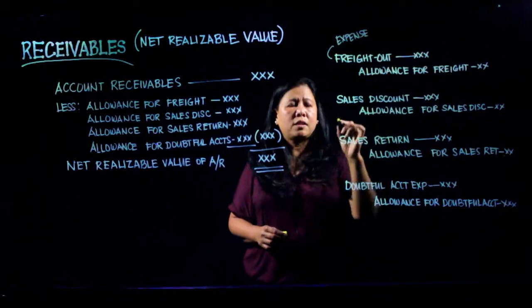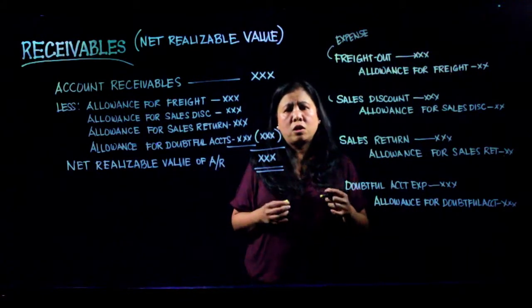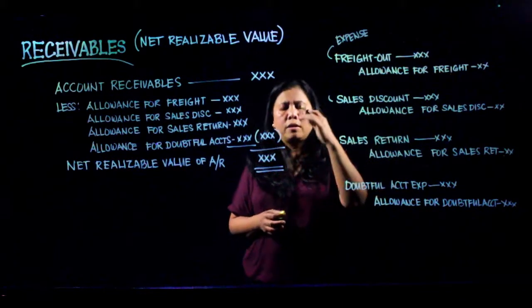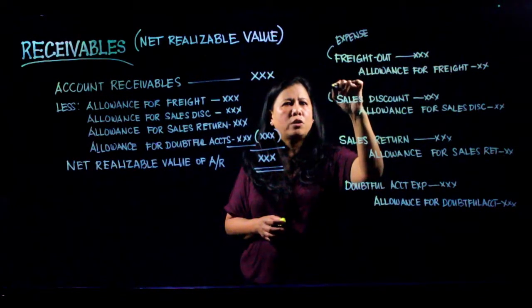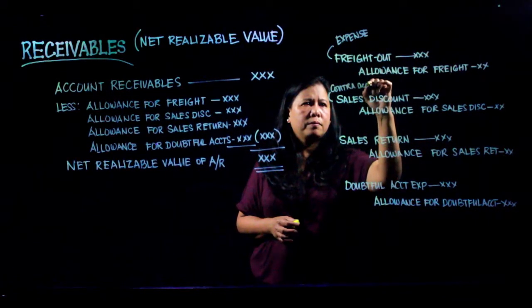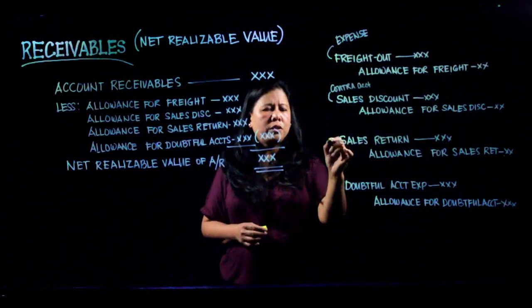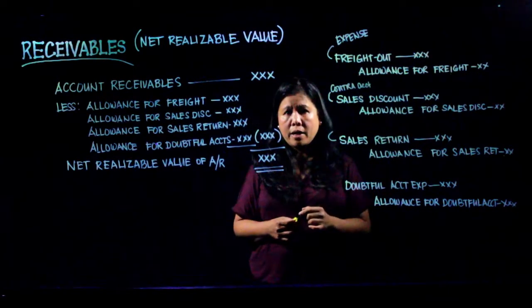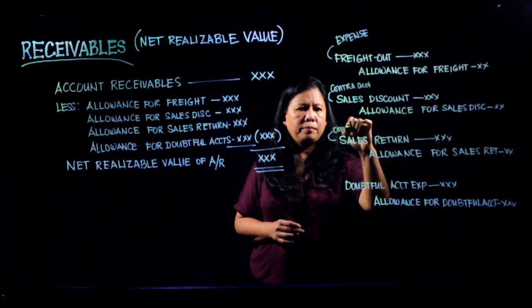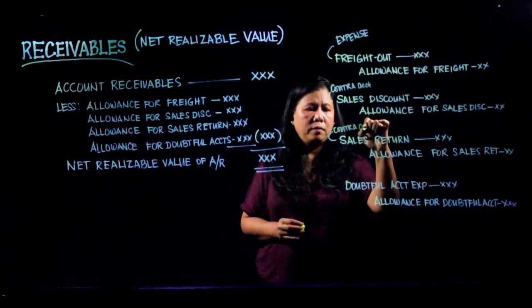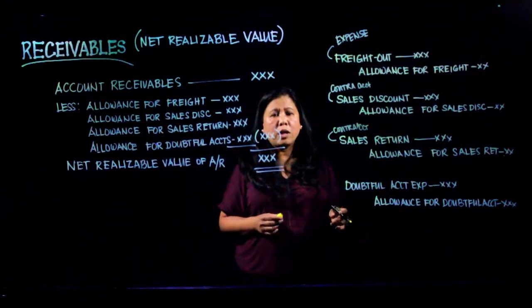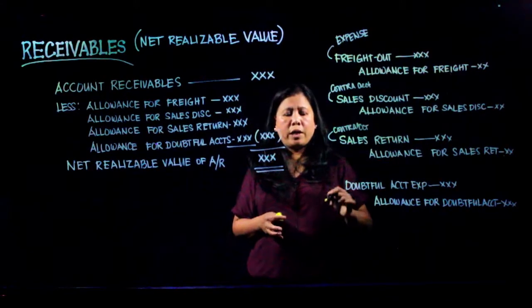Sales discount is a contra account for sales to get the net sales. And sales return is also a contra account to your sales to get your net sales. All right. And doubtful accounts is also your expense.